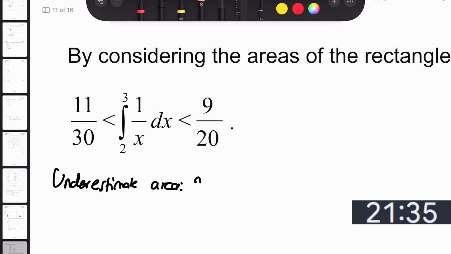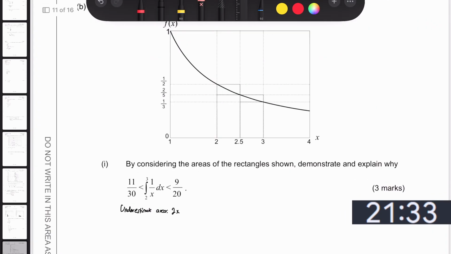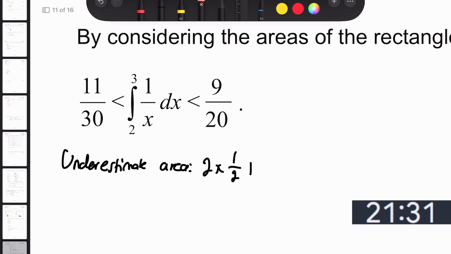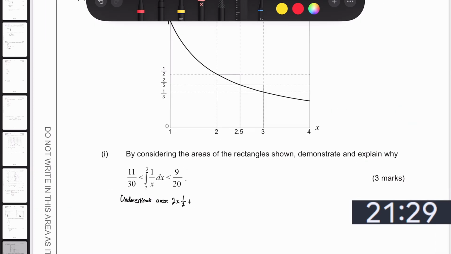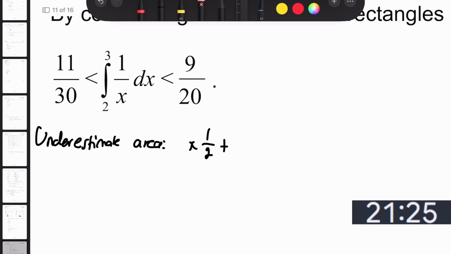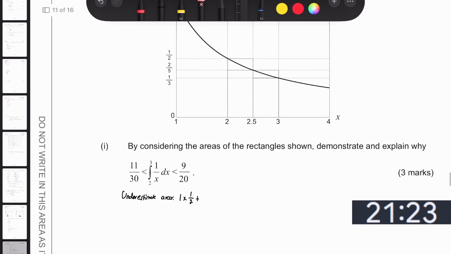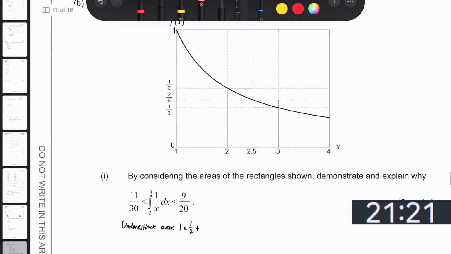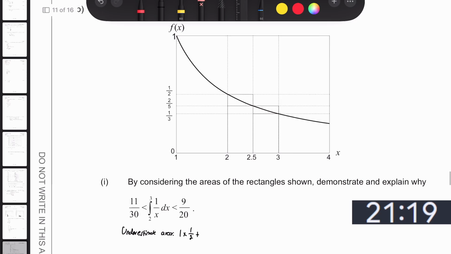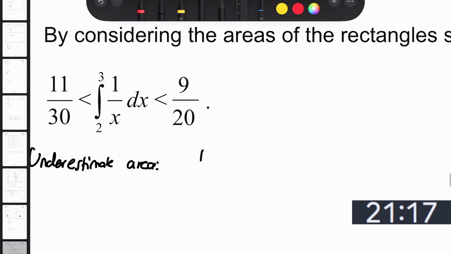So it's 2 times 1 on 2 plus, oh wait, not 1 times 1 on 2. Well, that's clearly not going to work. Oh, between 2 and 3, not between 1 and 3.